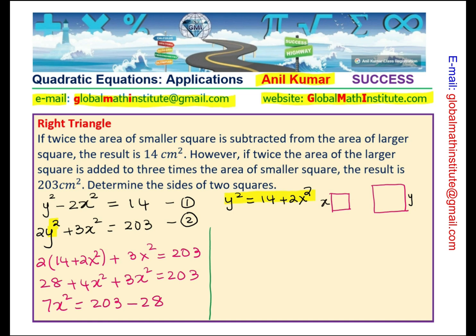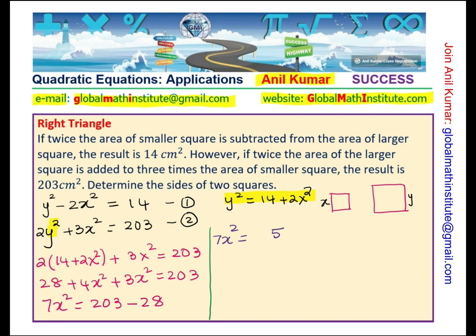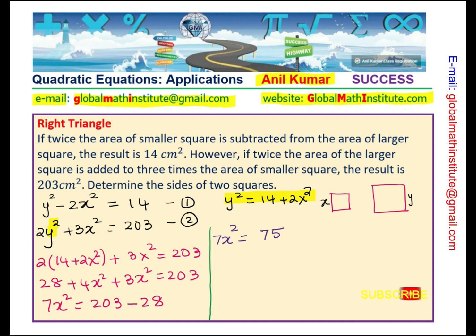So we get 7x square equals, from 203 if I take away 28, 13 take away 8 is 5, and then 9 take away 2 is 7, 1 remains. Correct.